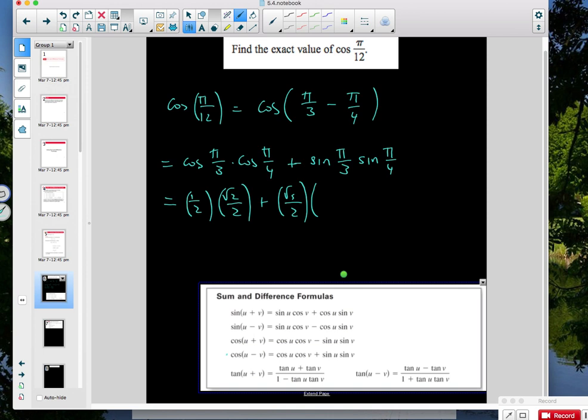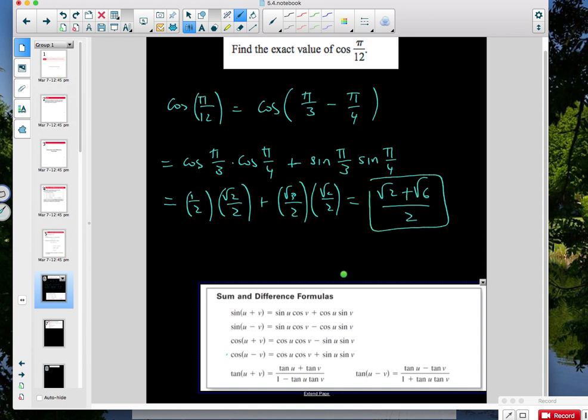And sine of pi fourths is square root of 2 over 2. So all together you get the denominator of 2. And you get on the top root 2 plus, it's not very clear where I'm writing my 3's, unfortunately. So here there was a 3. So it's root 2 plus root 6 over 2.